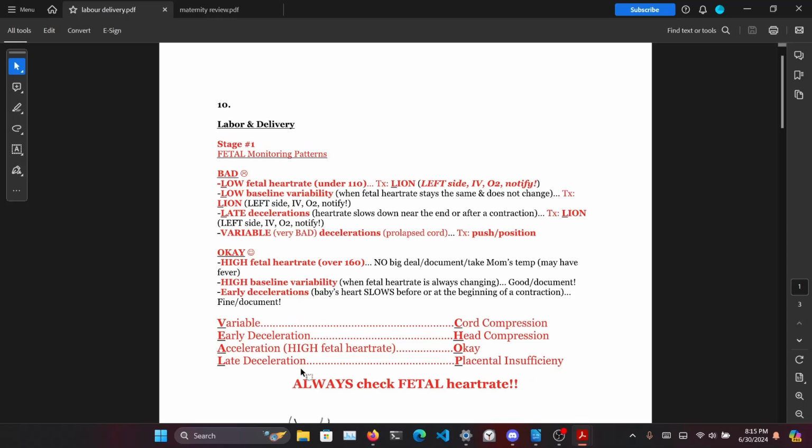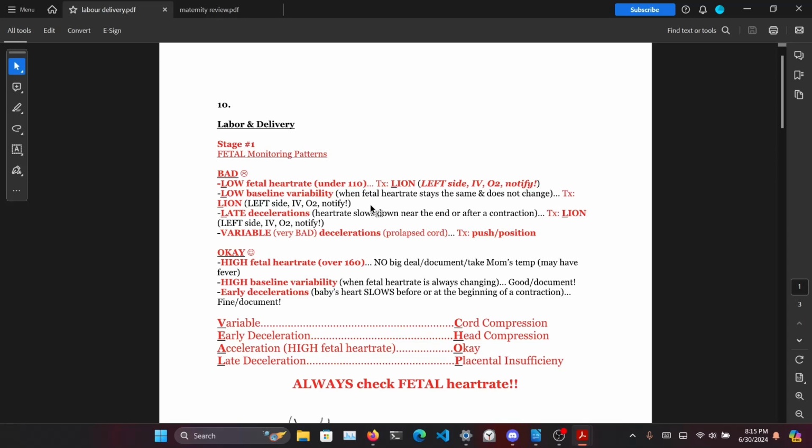So late decelerations are concerning. You have to do something with this one. Okay, then variable deceleration. This is happening because of the umbilical cord compression, and usually in this you don't see any specific pattern like early deceleration, where the heartbeat changes, but it happens because of the cord compression, right?